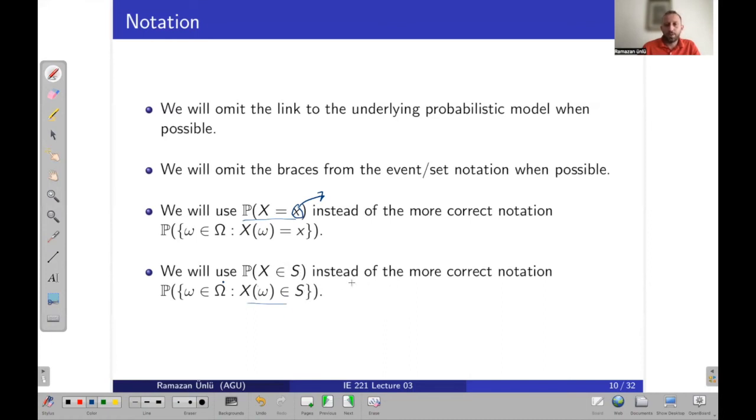So you can think of the tossing coin example again, and let's say the x of v is in S, hat, right? And this v actually is coming from the omega, so which is the subset of the omega. So you can omit these notations, and we can simply use that one.